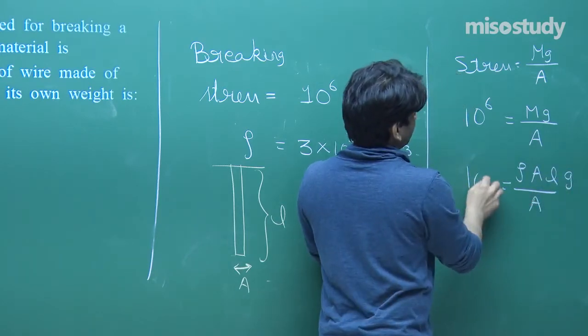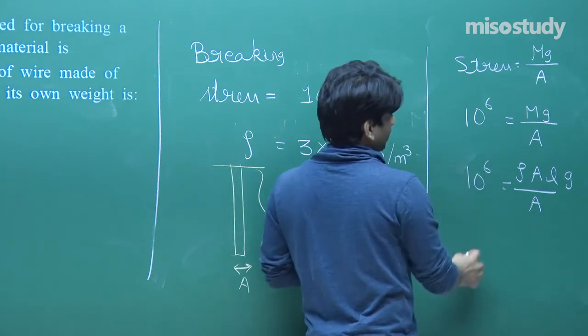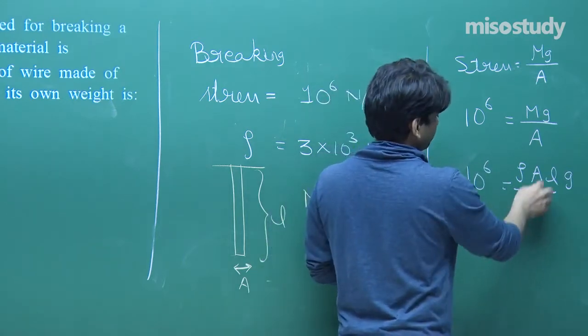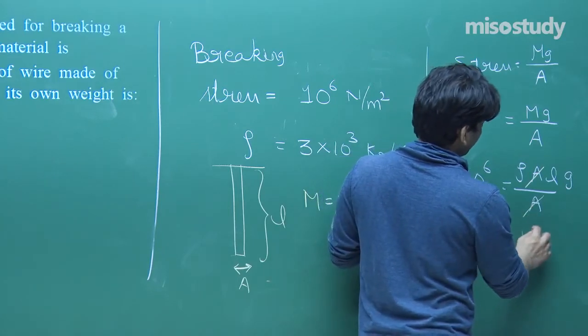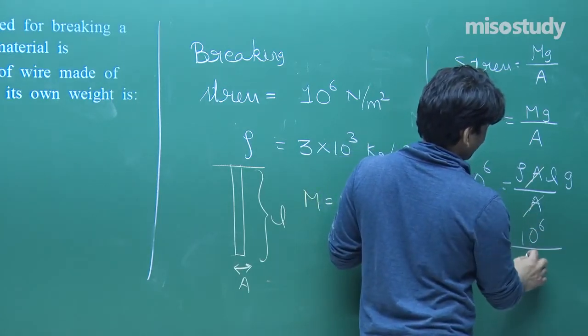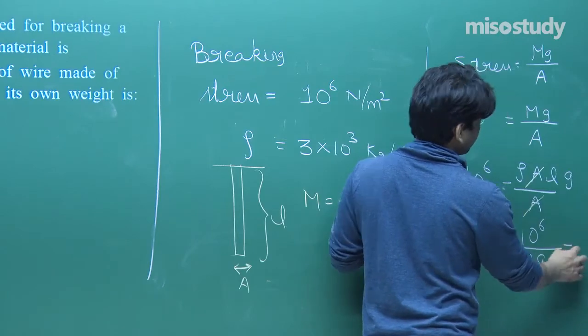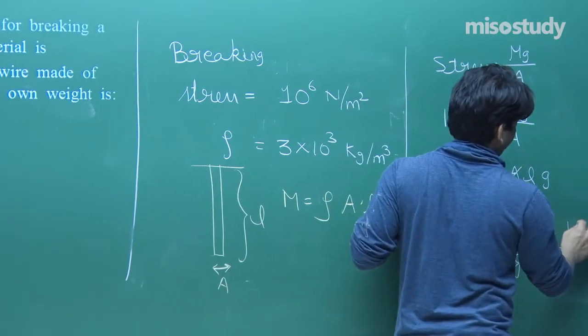So finally, the length will come out to be 10 to the power 6 divided by rho into g.